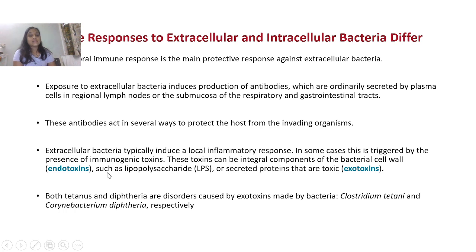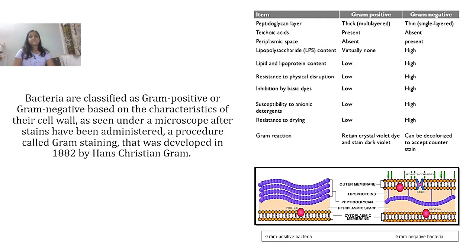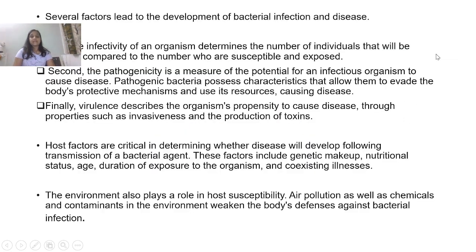Then, these extracellular bacteria can also induce a local inflammatory response. There are certain toxins which are present in the bacterial cell wall. For example, they are known as endotoxins. They are components of the bacterial cell wall, such as LPS, lipopolysaccharide, which is present on the gram negative bacteria.